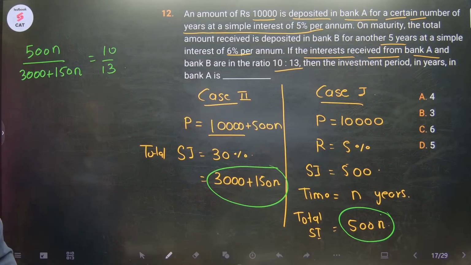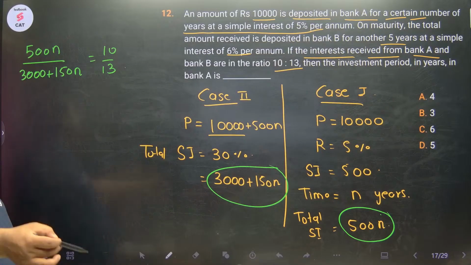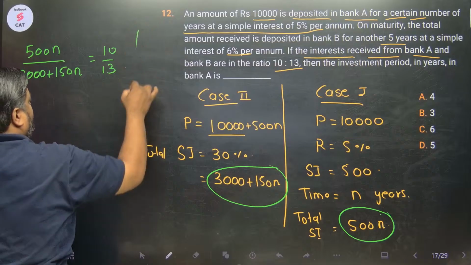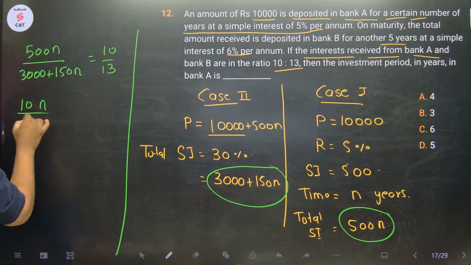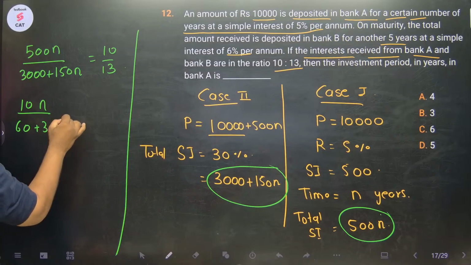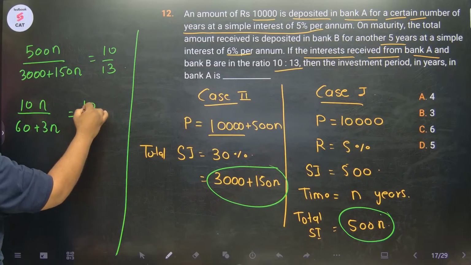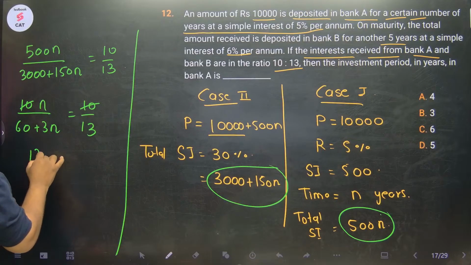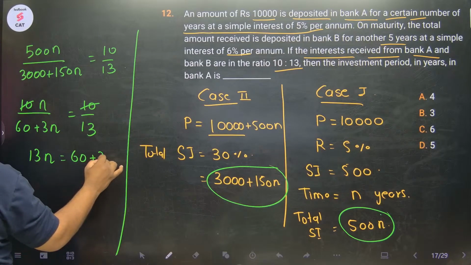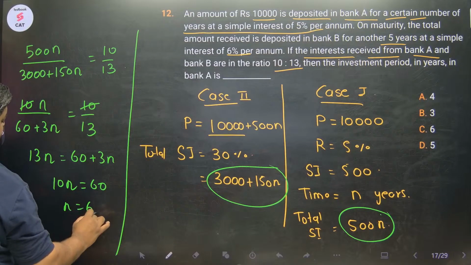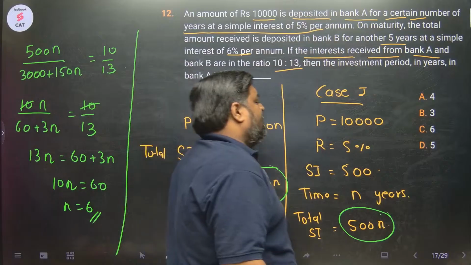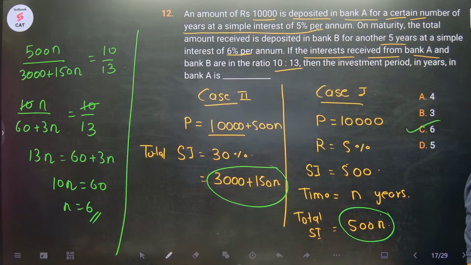Okay, अब इसको सॉल्व करना है. 50 से this gets cancelled out, so this would be 10n upon 60 plus 3n equals 10/13. 10 से 10 cancel out हो गया, so 13n is equal to 60 plus 3n. 10n is equal to 60, n is equal to 6. बोलो यस सर, सॉर्टेड.